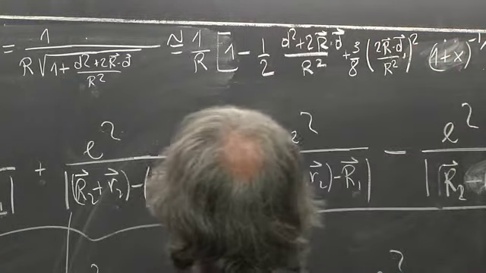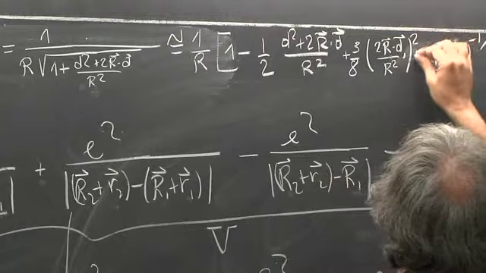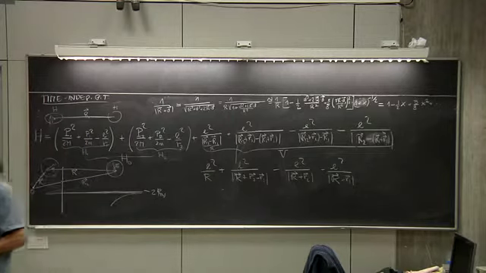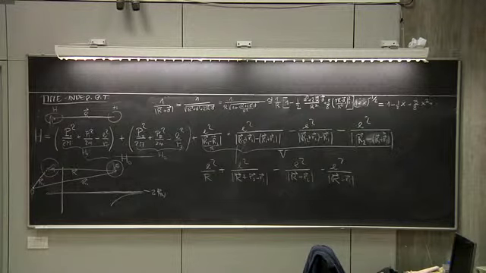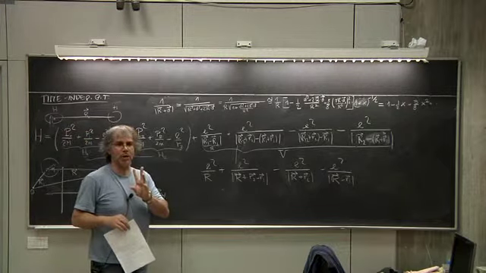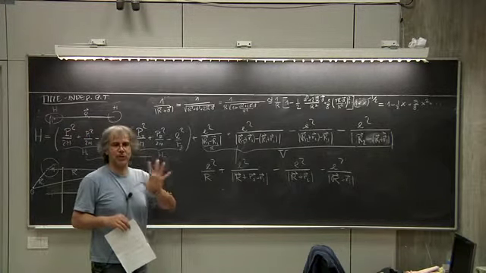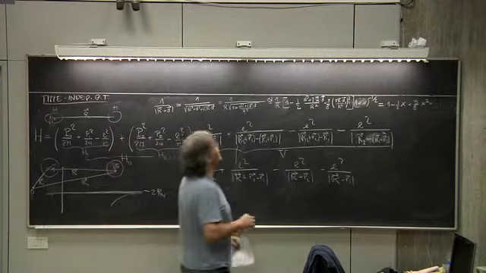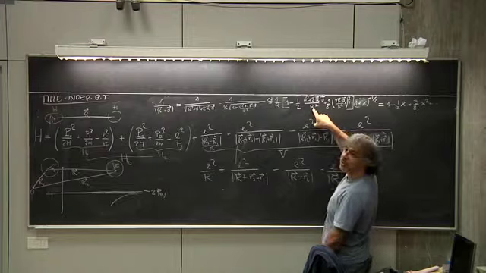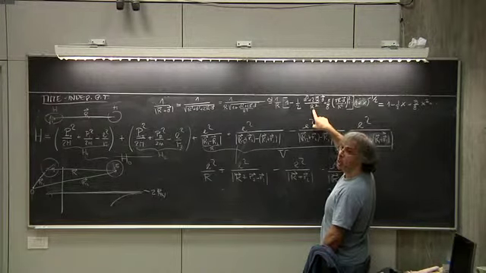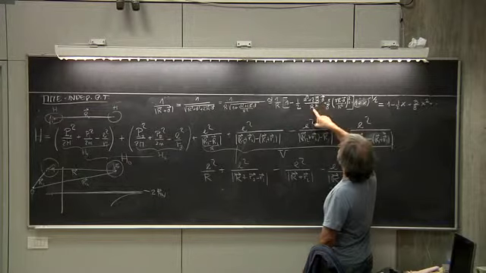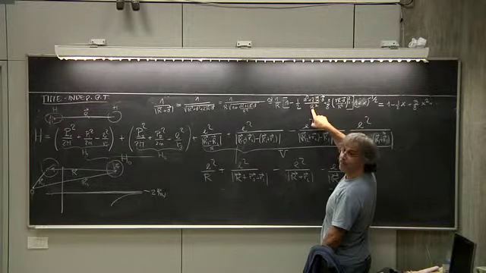Now, a small lecture about what to keep and what not to keep. You have to keep, first of all, consistently in the small parameter that you want, all terms of a certain order, okay? So for instance, in the first term, there is a term that is R divided by R squared, so 1 over R. So don't think that, well, 1 over R and 1 over R squared.